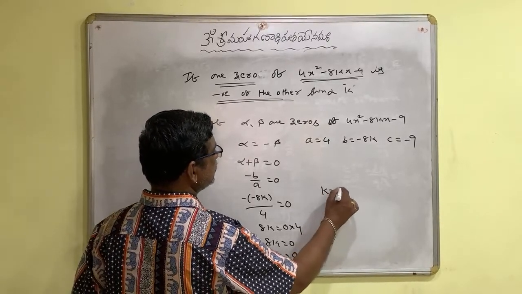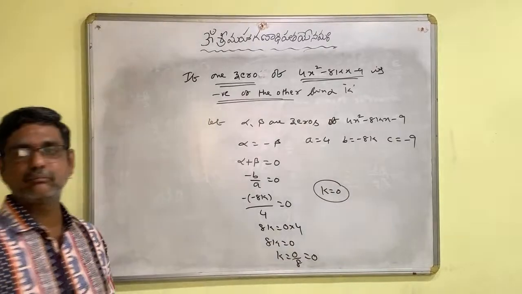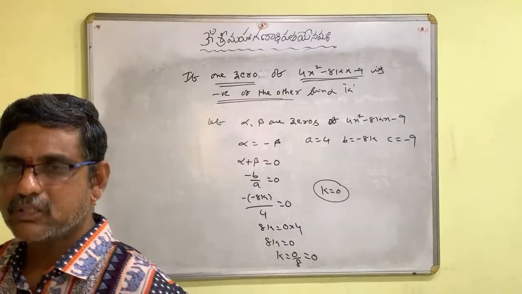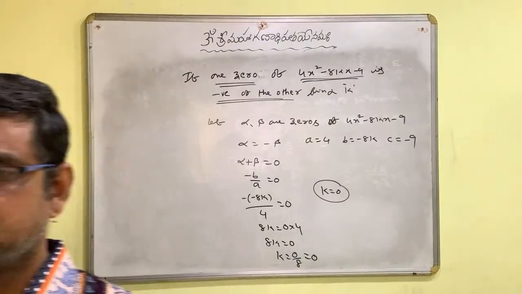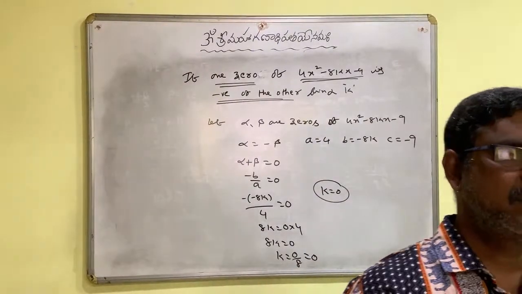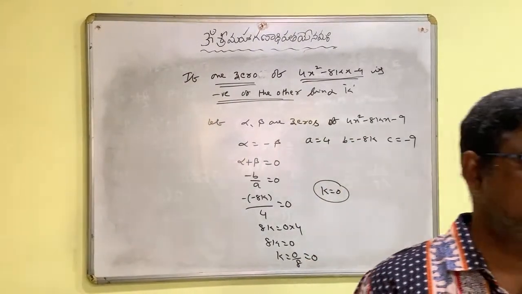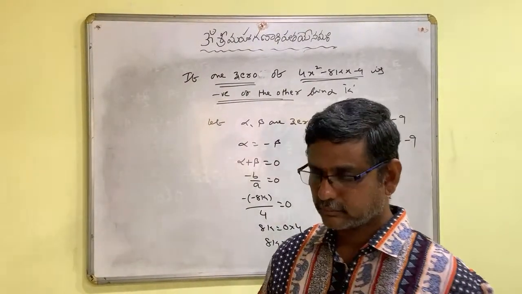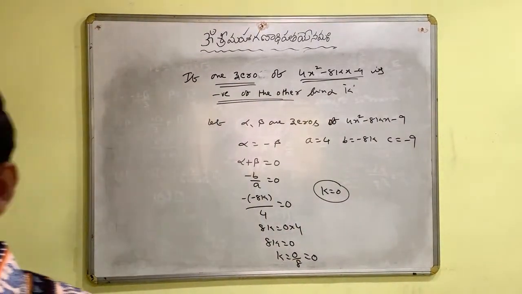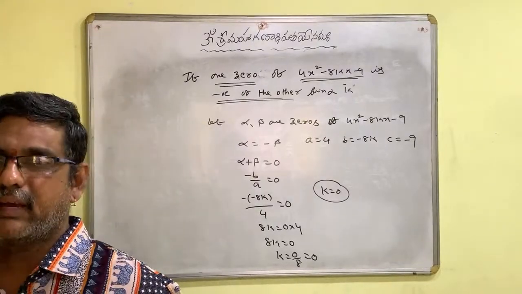So k is 0. It is not 8, it is 0. Okay? K value is 0.